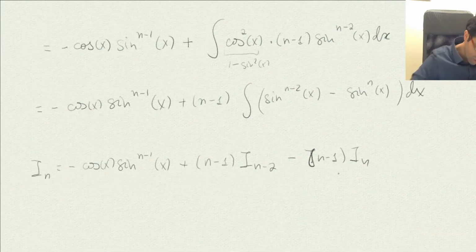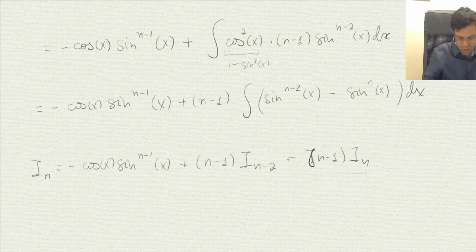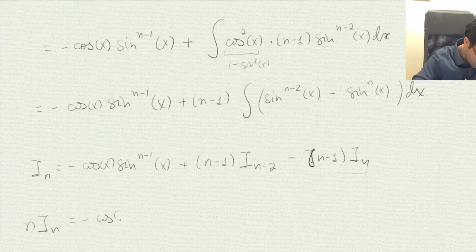And therefore we can switch this to the other side, and here we have 1, and this is going to go with plus, so it's going to be n minus 1 plus 1. So we're going to have n times I_n equals minus the cosine of x sine to the power of n minus 1 of x plus n minus 1 times I_{n-2}.